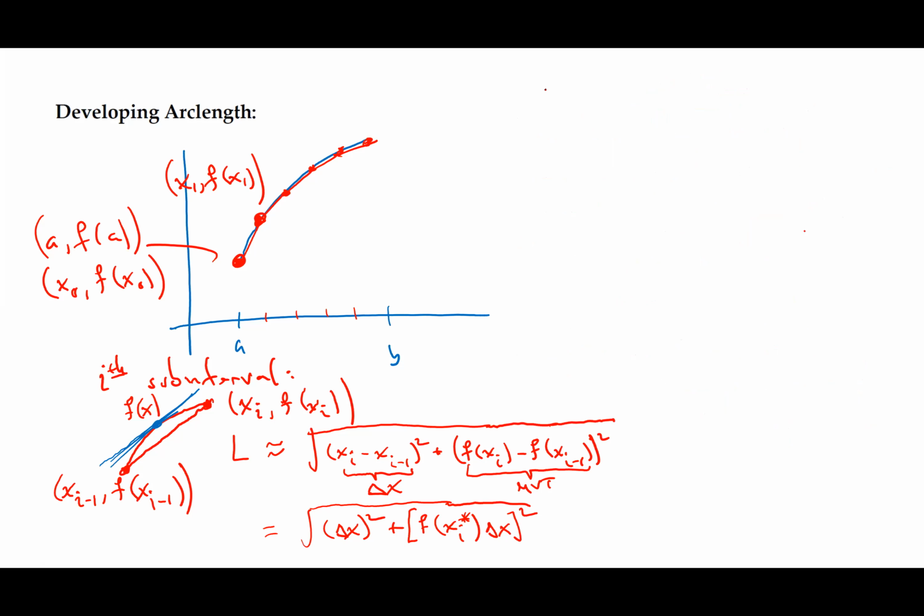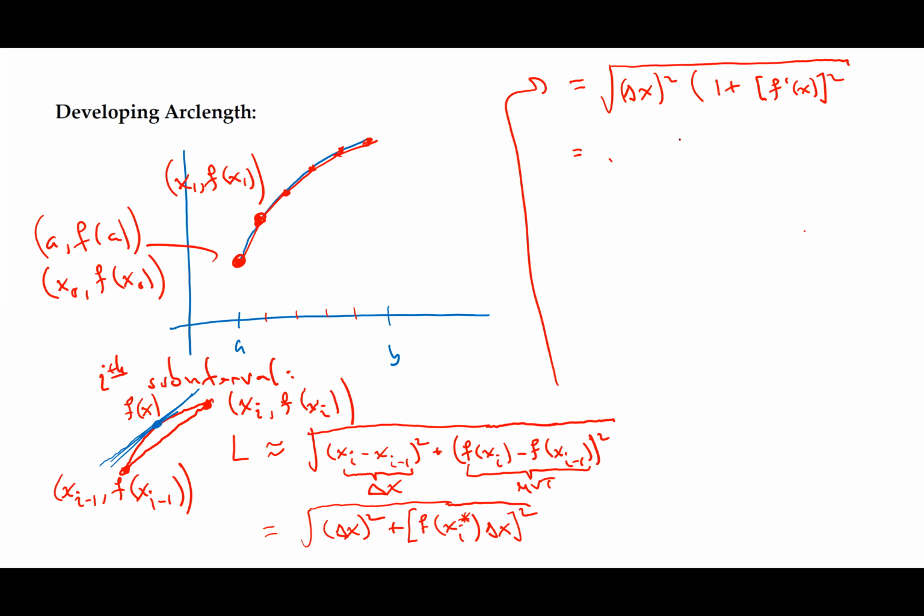Coming up here, I can factor out a delta x squared, and I get a 1 plus f prime of x squared, which is then the square root of 1 plus, sorry guys, I'm being sloppy, f prime of my x i star squared.